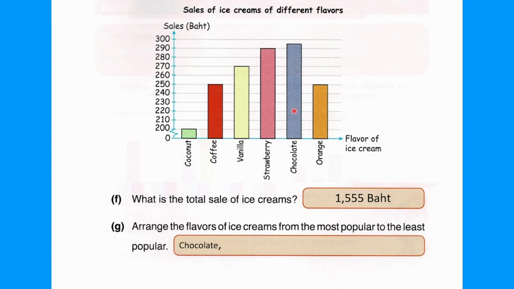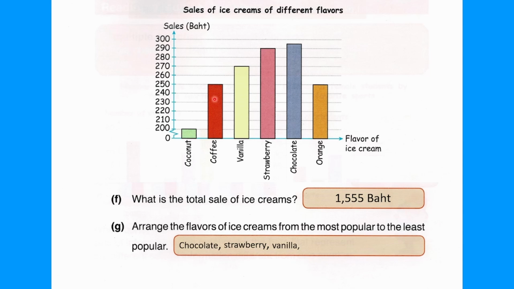The next one, 290, is strawberry. The next one, 270, vanilla. The next one, coffee, but orange was the same.